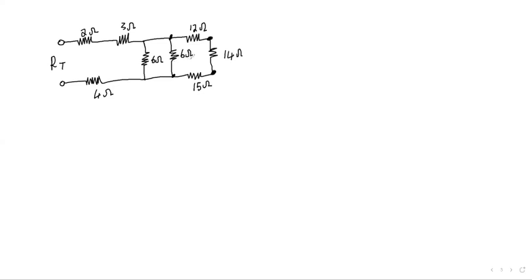So now let's first get the total resistance of 15, 14 and 12. Since it's a series connection, RS1 is equal to 12 plus 14 plus 15, which is equal to 41.